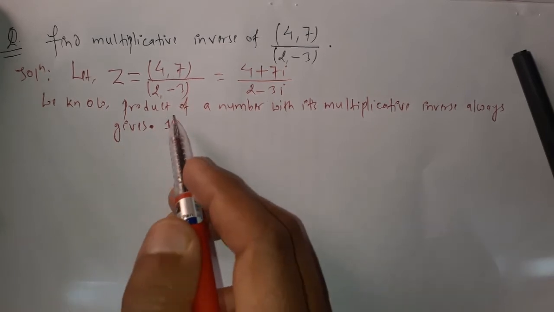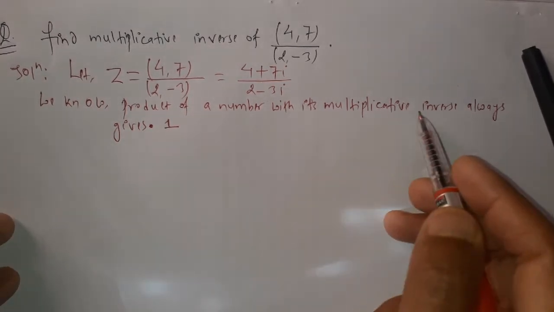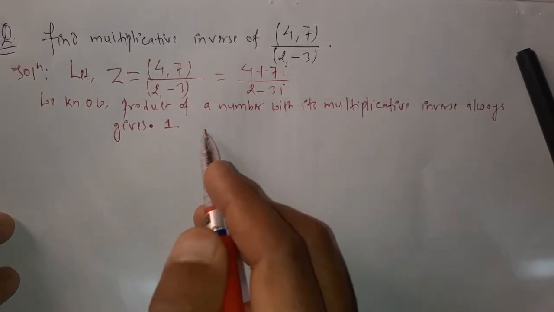Please remember this point. The product of a number with its multiplicative inverse always gives the value 1.